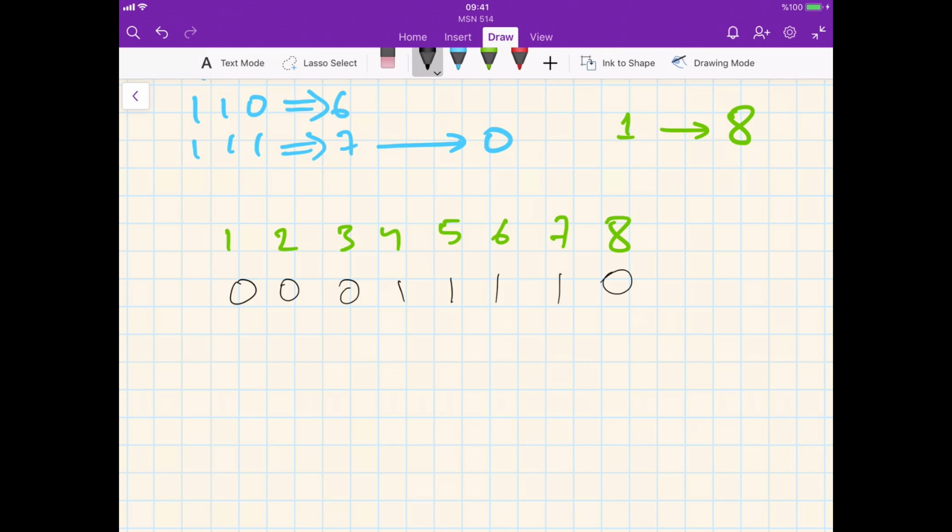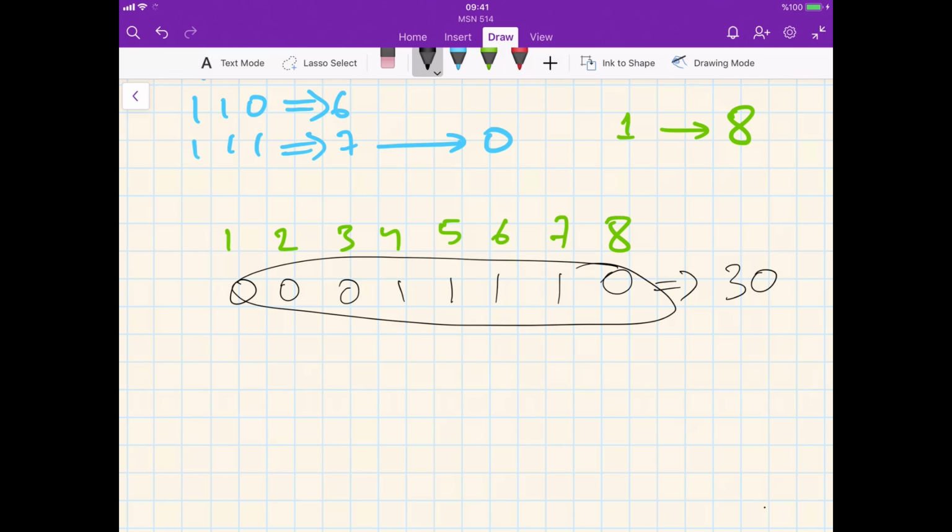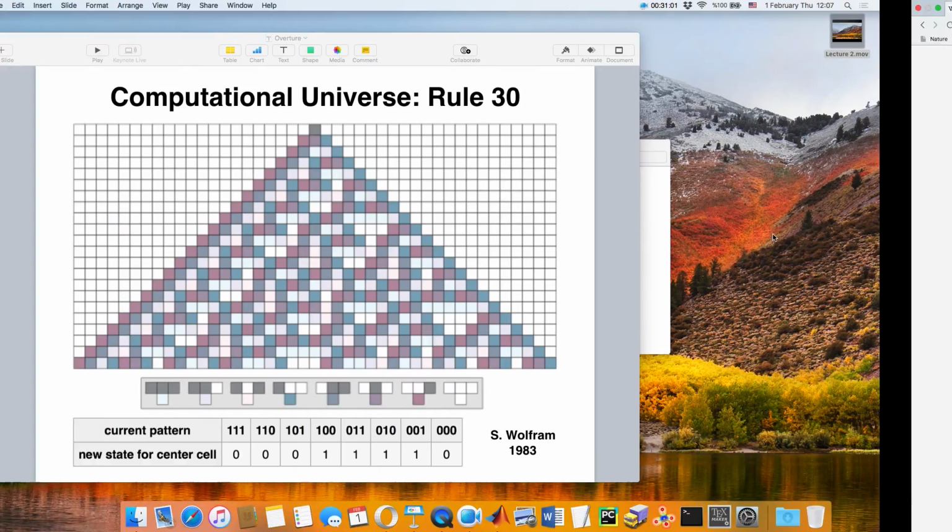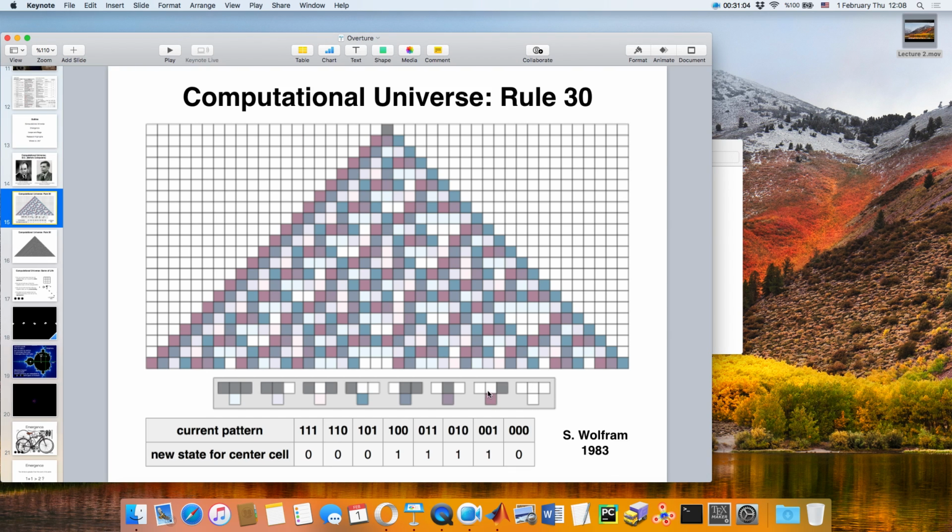And if you transfer this binary number to a decimal number, it's 30. So rule 31 is this one. Meaning that in the rule 30, if you have this one, it becomes 1 here. The rule 31 has 1 here. Okay?